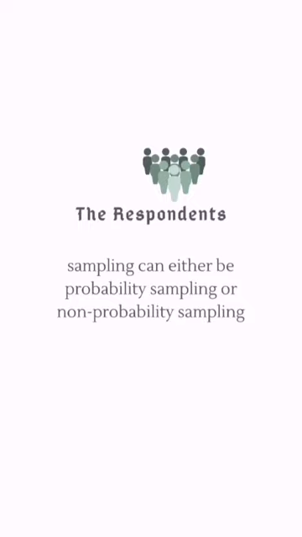Now, the sampling procedures include probability sampling or non-probability sampling. Probability sampling is the selection of individuals from the population so that they are representative of the population. It is done through simple random, systematic sampling, stratified sampling, or multi-stage cluster sampling.